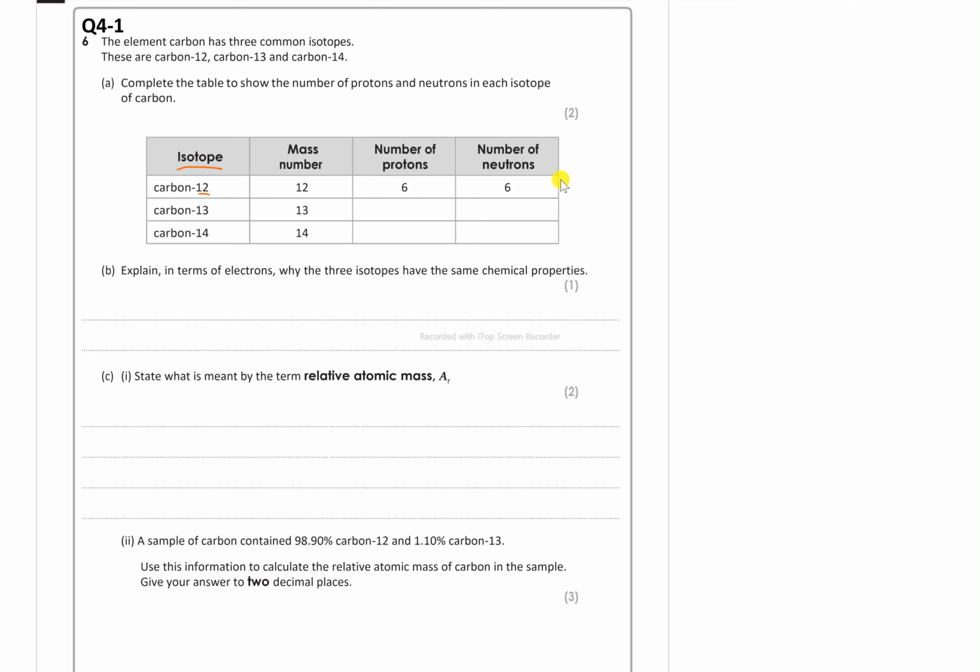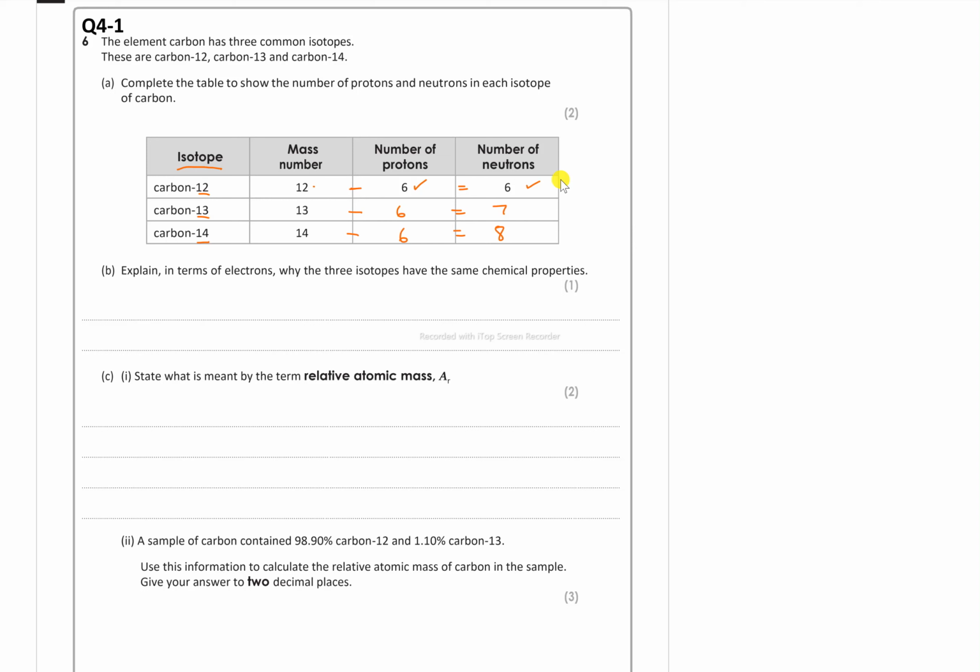This is carbon 12. That means it's got a mass of 12, 13, and 14. What that means is 6 is the number of protons. That's what makes it a carbon atom. And then if you did 12, take away 6, you get the number of neutrons. That's 6. So if I did 13, take away 6, I would end up with 7. And if I did 14, take away 6, I would end up with 8.